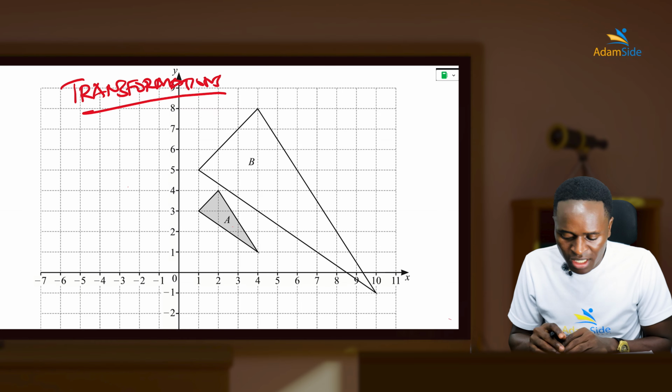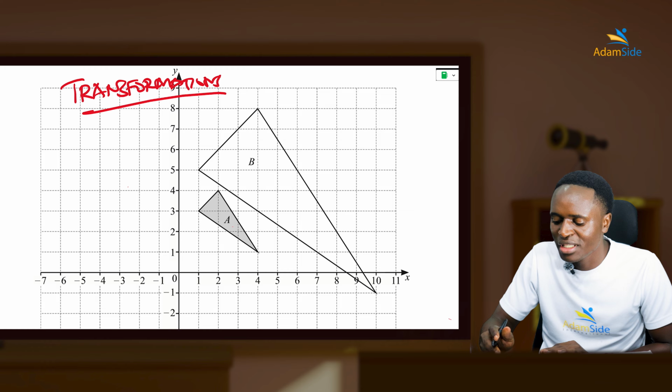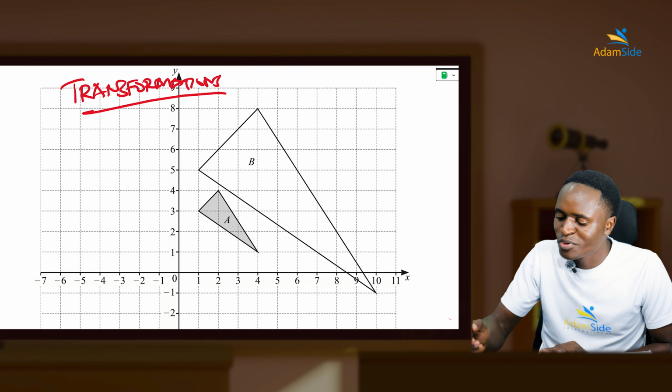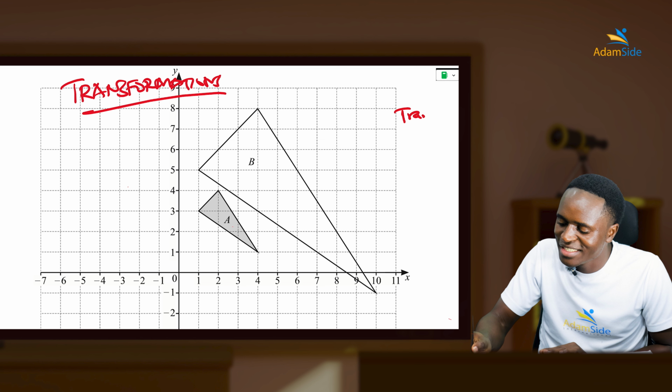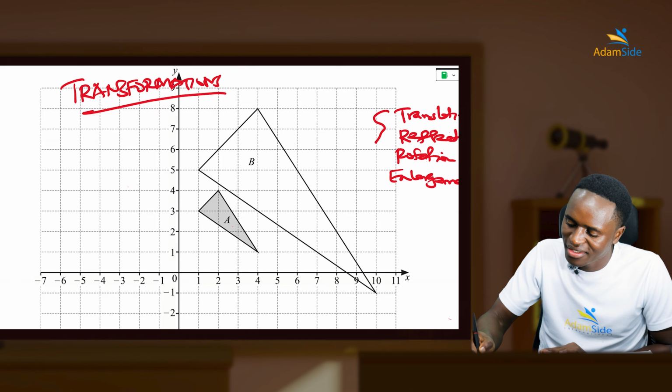Here we have shape A and B, even without knowing the question. This is small, this is big. Enlargement. Types of transformation: we have translation, reflection, rotation, and enlargement. In these three, the size is not affected. Size remains the same.